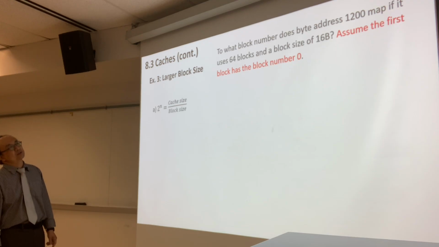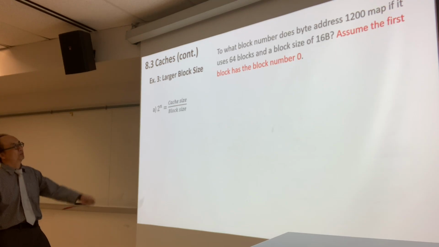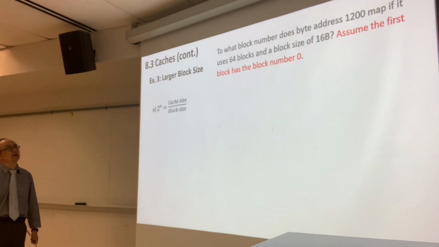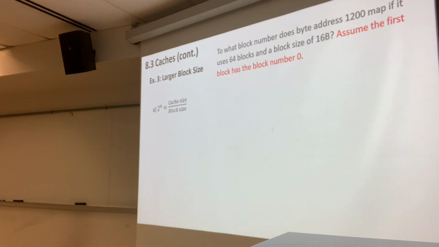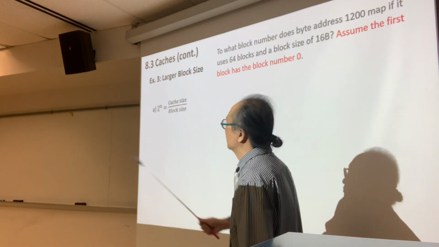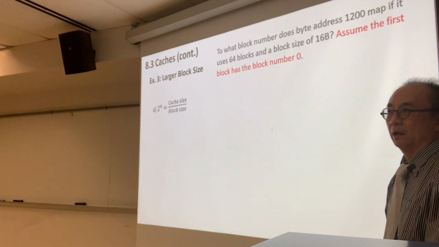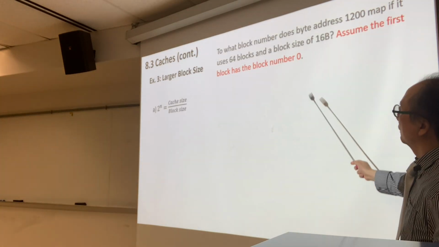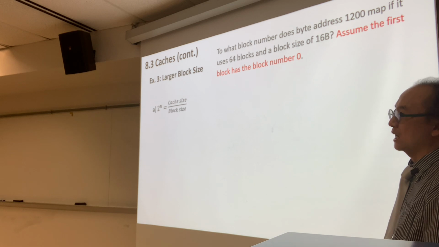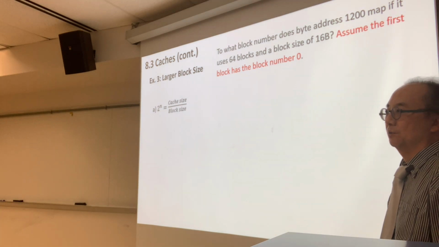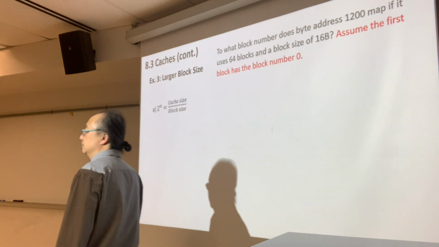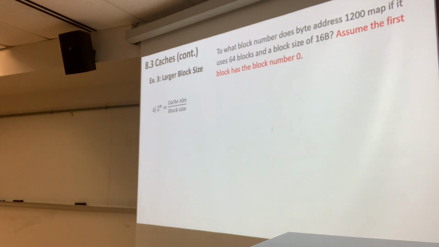The block size is 16 bytes. We can plug it in here. Cache size. Wait a minute, there's no cache size. The actual problem is not asking us to find the cache size, but I want to find it. However, the cache size is not given. How do you know the value of n? Anybody? How can we figure out the value of n, because the cache size is not given?